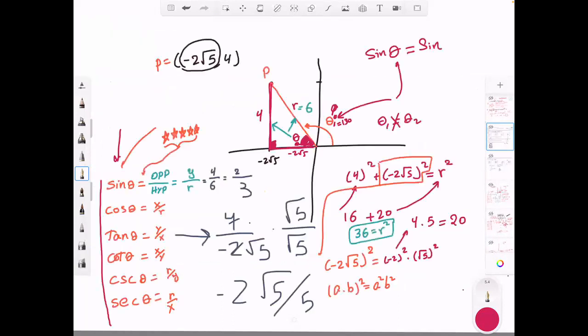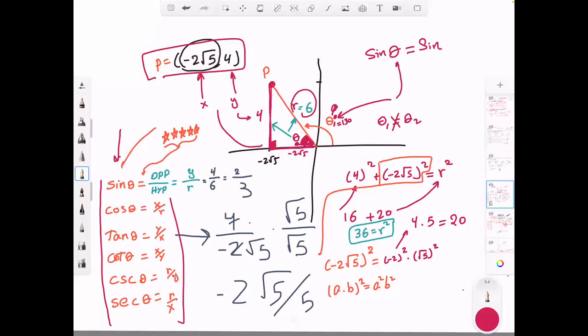In this homework question, we have the point P. We know that this is the value of x and that's the value of y. We plugged it in and solved for r. Then we use all these formulas to get the cosine and sine.